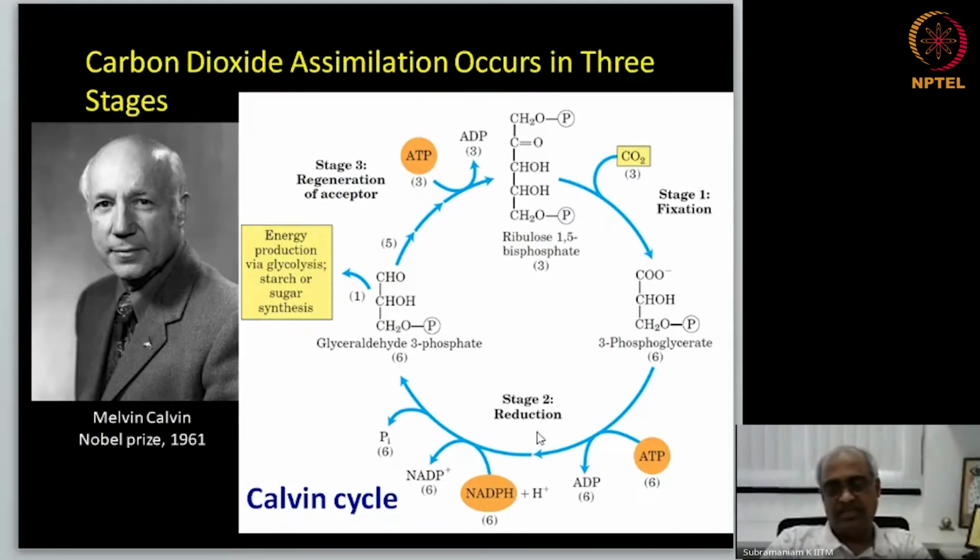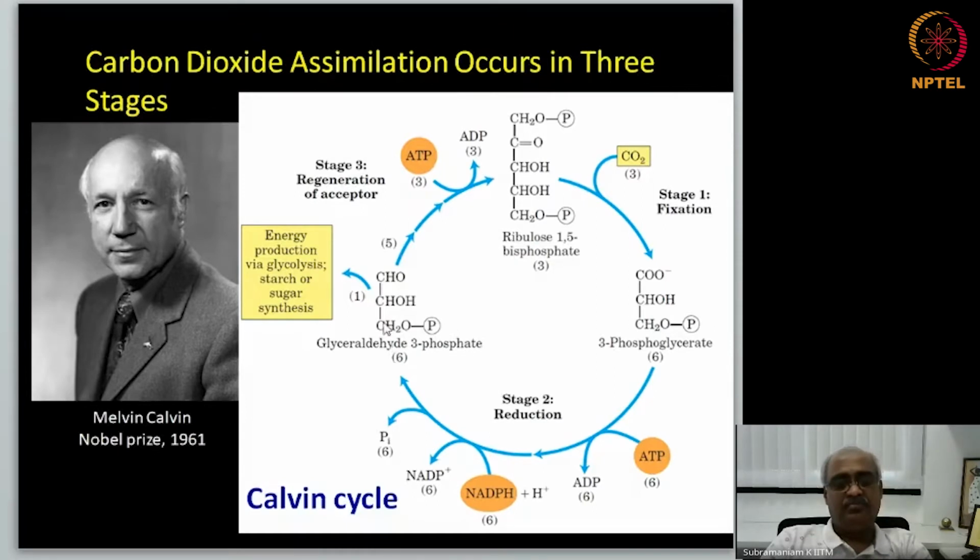The next stage is the reduction of that to the aldehyde form, that is glyceraldehyde 3-phosphate. So these are actually the reactions of glycolysis, very similar enzymes, so this will not be difficult for us. We just need to place this in the overall context of understanding the flow of carbon in the biological system.